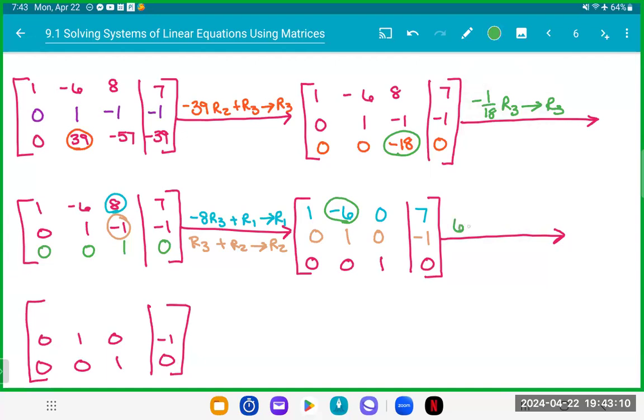That would be 6 times row 2 added to row 1 and replace row 1. So that's going to give me 1, 0, 0, 7. So that tells me then that x equals 7, y equals -1, and z equals 0.